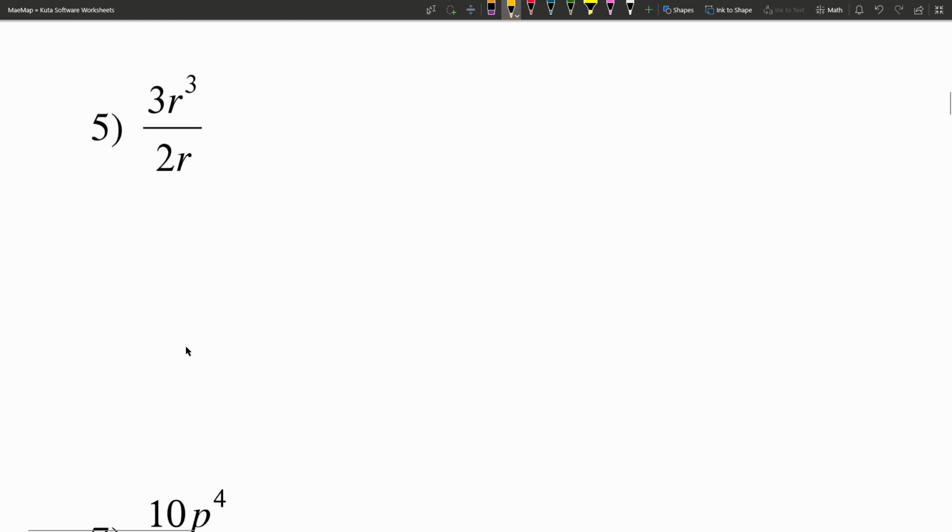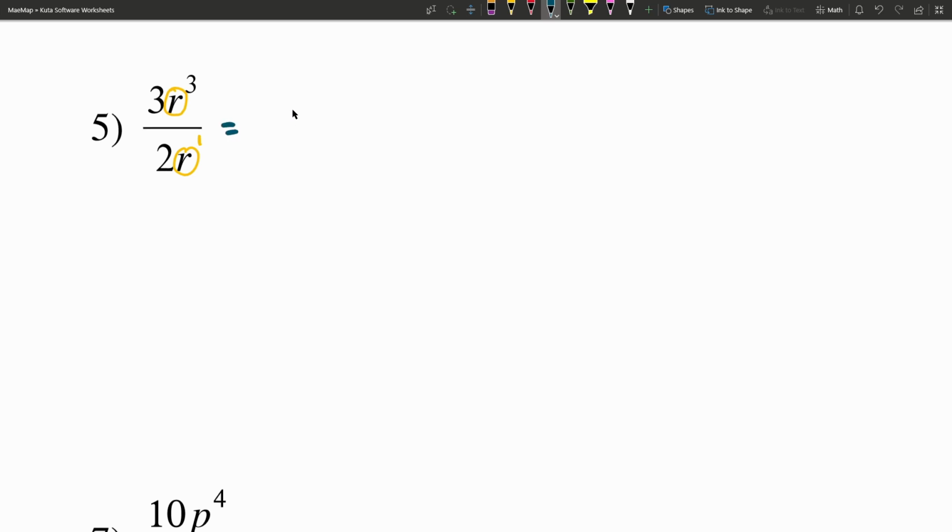In number 5, we're starting to throw in some variables into these problems, but the same concept applies. If we have 3 times r cubed over 2 times r, what is our similar base? Our similar base in each is the r. We have r cubed and we have r to the first. This 3 over 2 is just coefficients out in front, so we can just leave them for now.